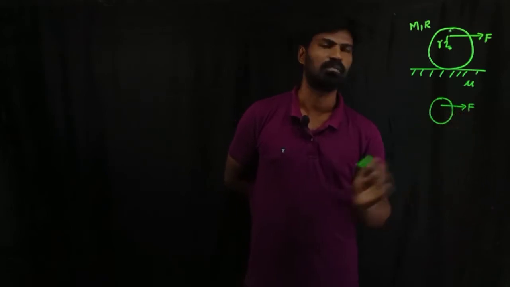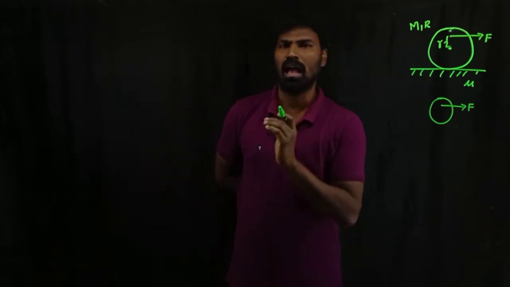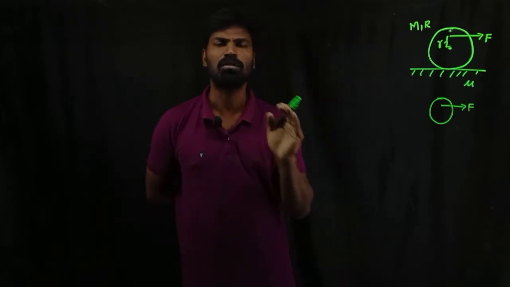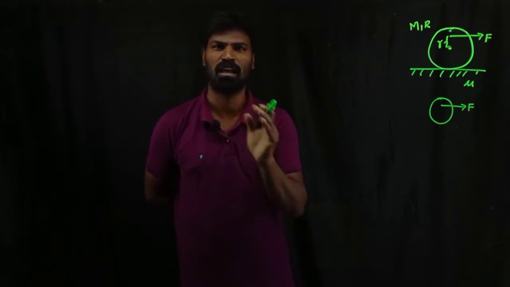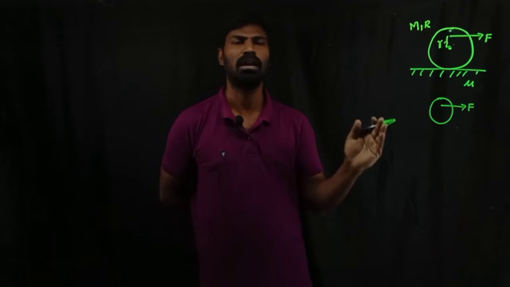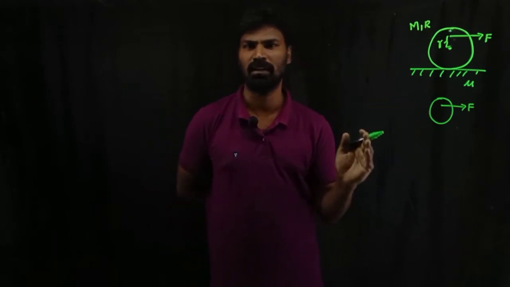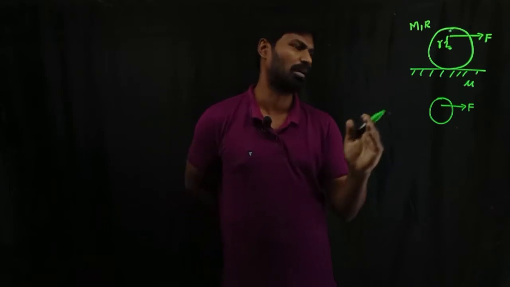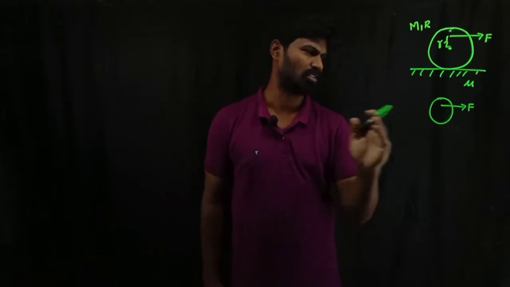What about the direction of frictional force? As long as we don't substitute the magnitude of the frictional force as F equals mu into N or any other value, in rolling motion you can consider any arbitrary direction for friction. Here the possible directions are either backward or to the right.